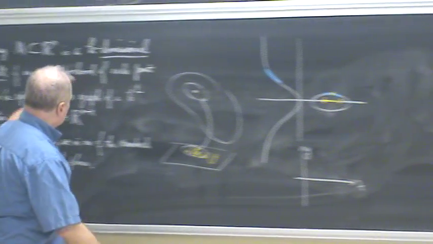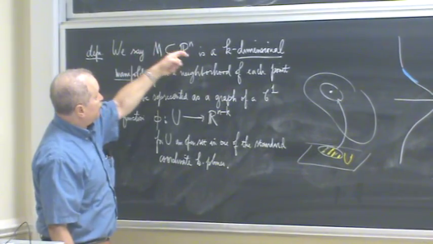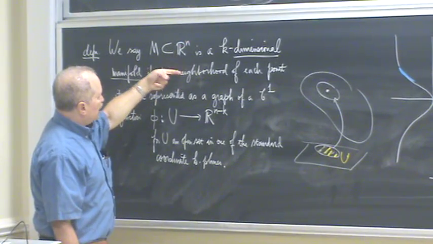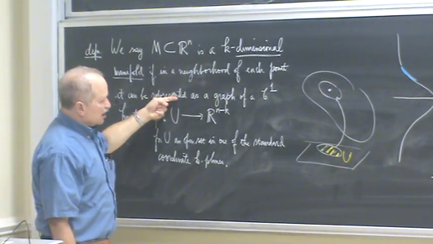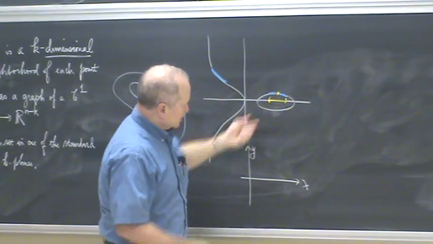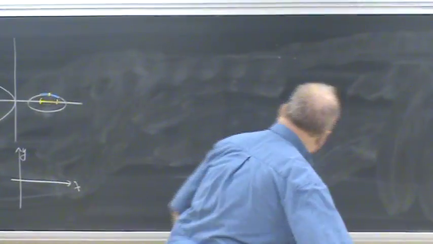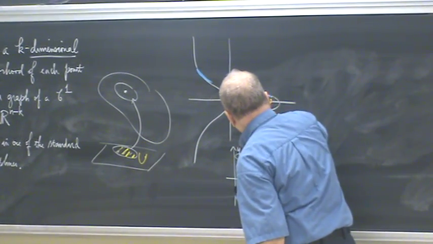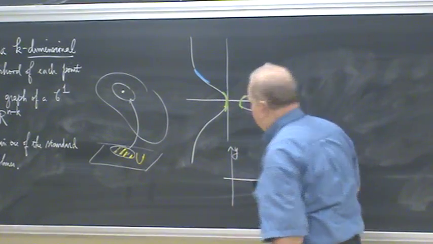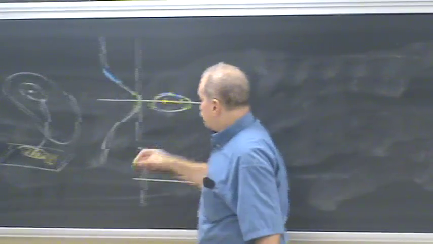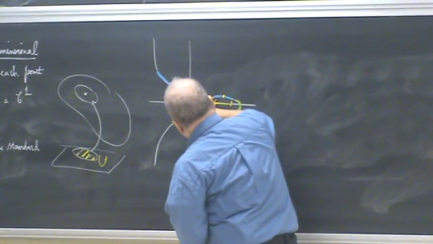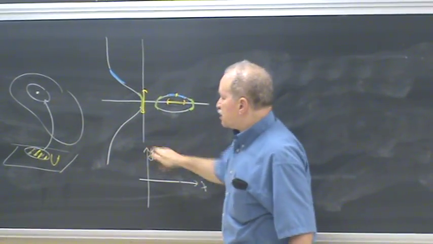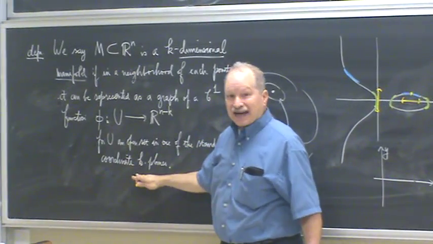And what I'm saying here is, to be a one-dimensional manifold in R2, I need to know that in the neighborhood of every point, I can represent it as a graph either over the x-axis or over, in the cases of points like this, as graph of a function of y. So in that case, the interval would be on the y-axis. So when you're in R2, you have 2 choices of standard coordinate axes.